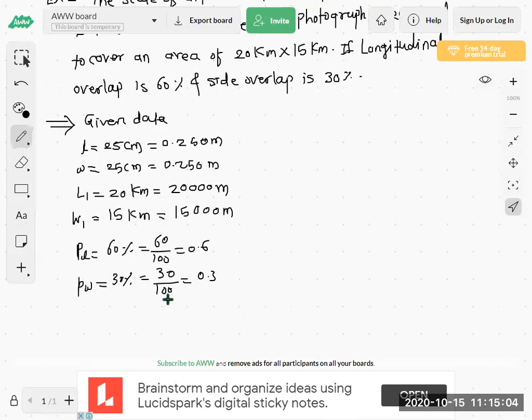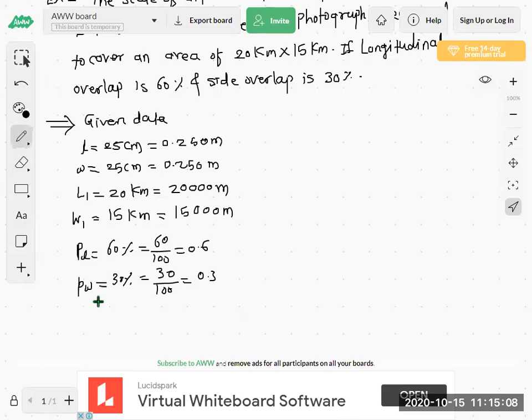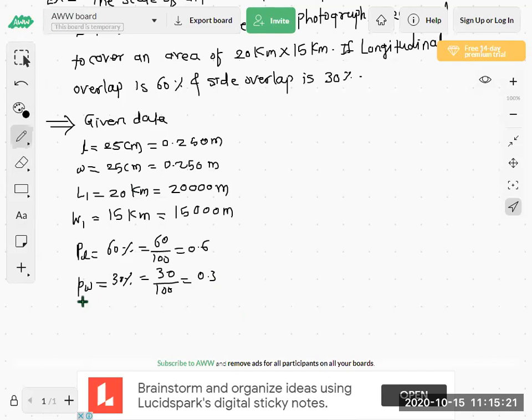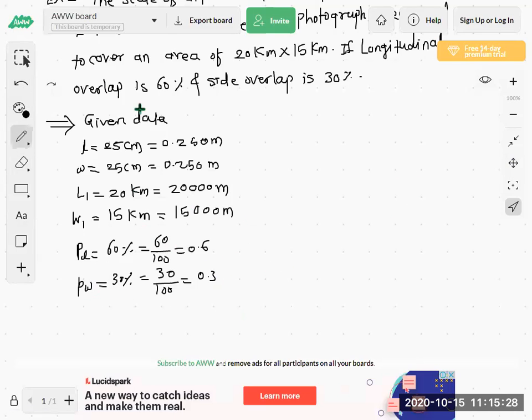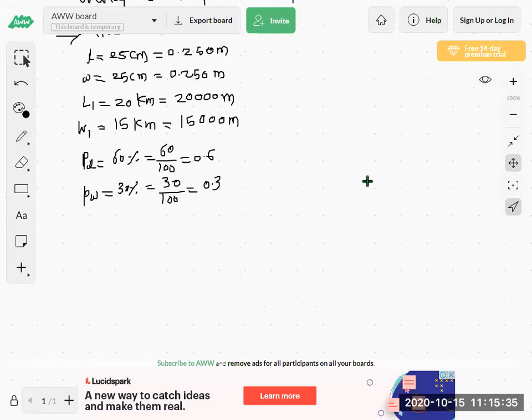Okay, got it? Now, one more part is remaining, that is the scale of photograph.